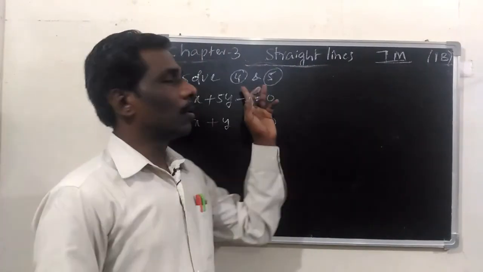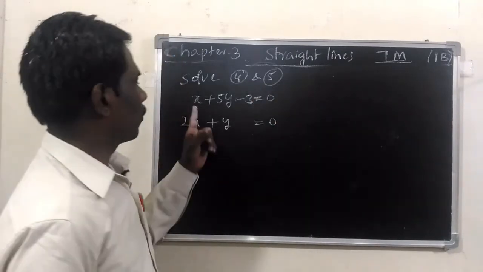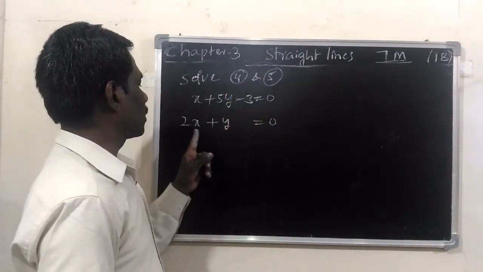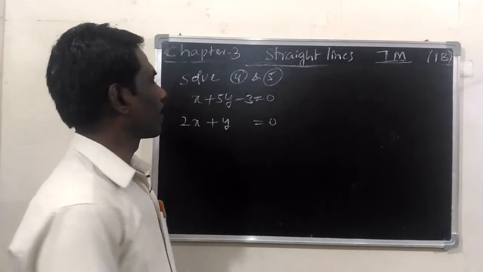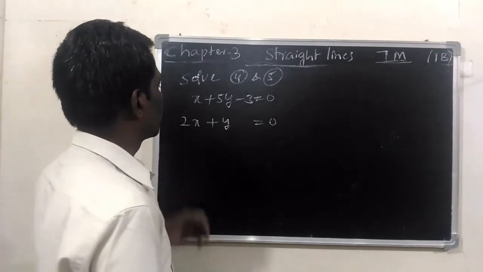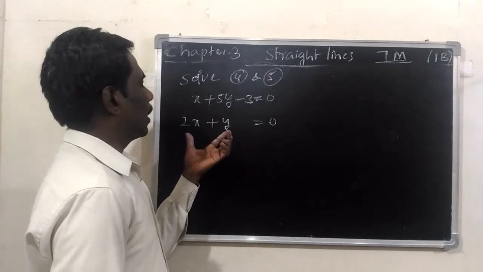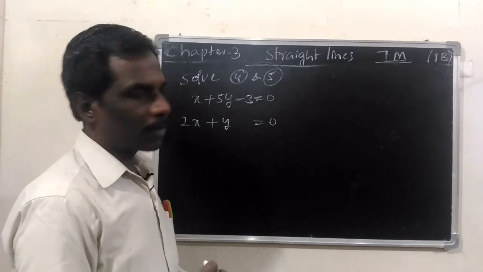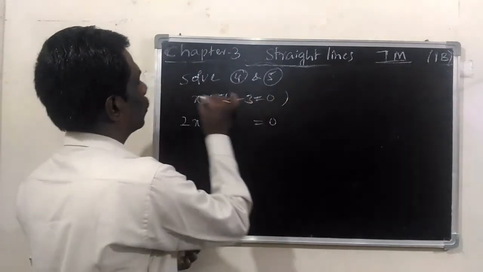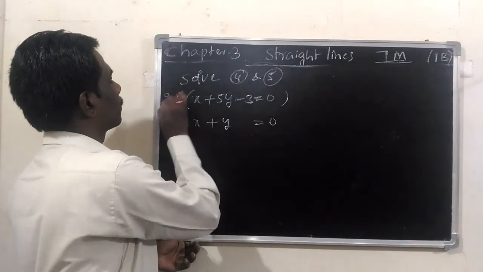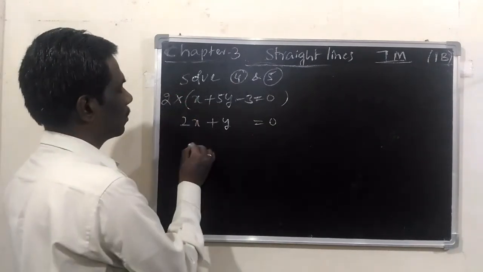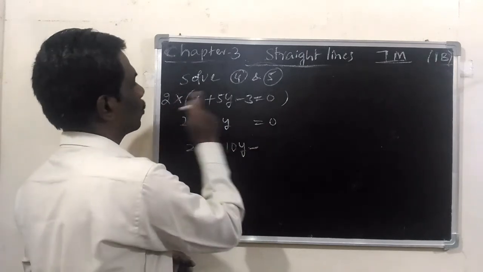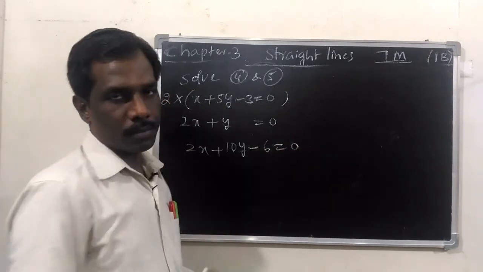Now I am going to solve the fourth and fifth equations. Your fourth equation is x plus 5y minus 3 equal to 0, and the fifth equation is 2x plus y equal to 0. For the elimination method, there is no variable that is the same. So to equate the x variables, I am multiplying the fourth equation with 2. Then 2 into x is 2x, plus 2 5s are 10, y, minus 2 3s are 6, equal to 0.